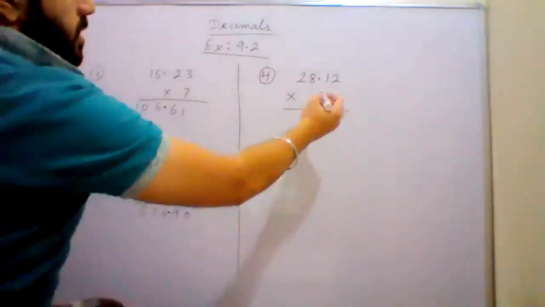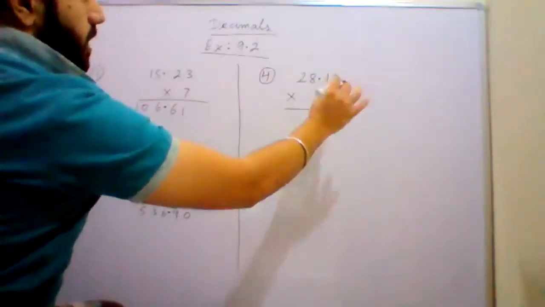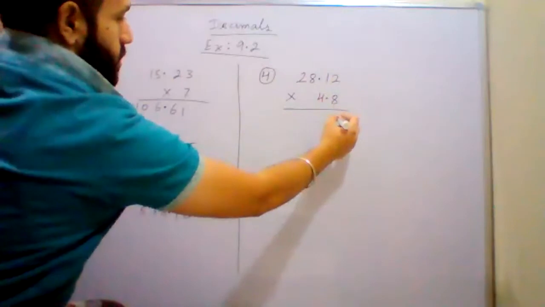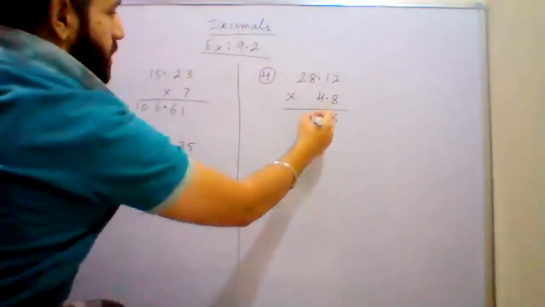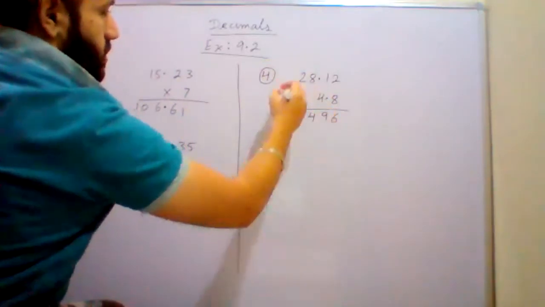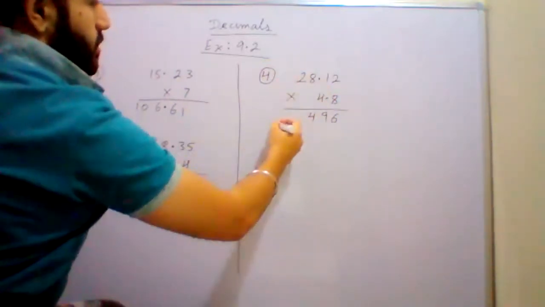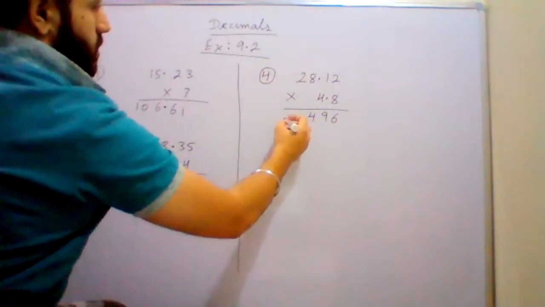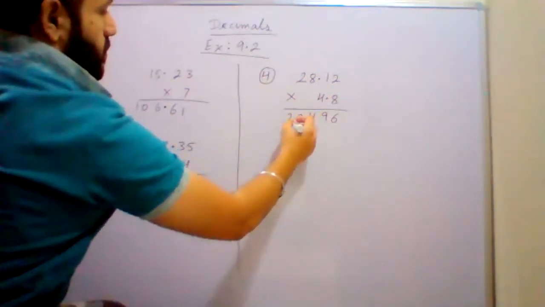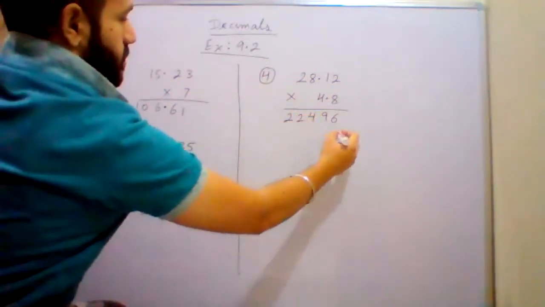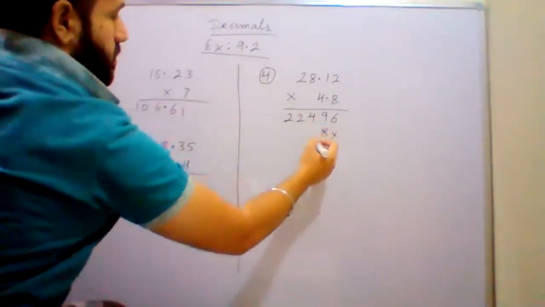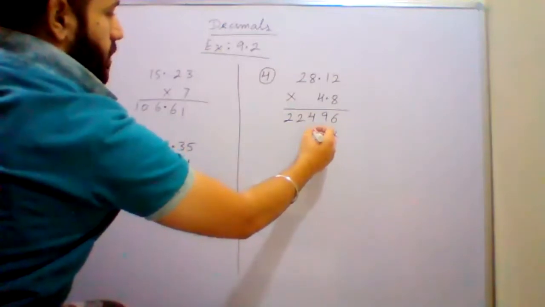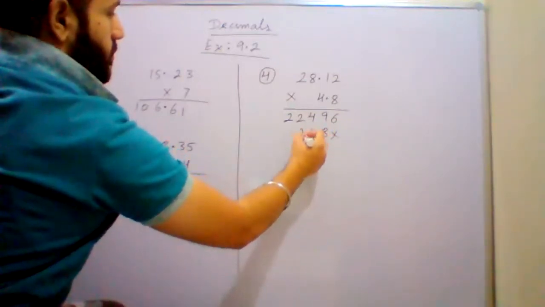Now, multiply in the simple manner first. 8 into 2, 16, 1, 9. 8 into 8, 64, 6. 8 into 2, 16. 16 plus 6, 22. Cross. 4 into 2, 8. 4 into 1, 4. 4 into 8, 32.